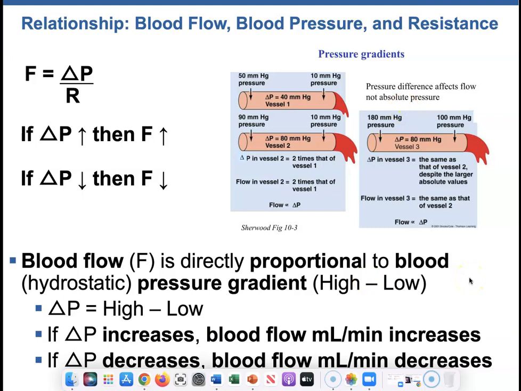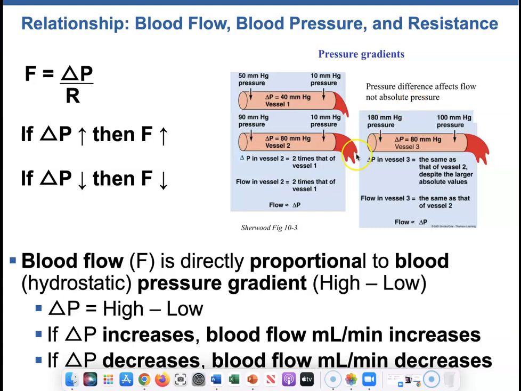And then what also happens is that if for some reason you have an increase in pressure here and an increase in pressure at the end, right? Now what's going on is you got to look at, okay, what is our difference here? So what happens here is you could have here it's 90 to 10, right? And here's 180 to 100. The difference is still 80, right?